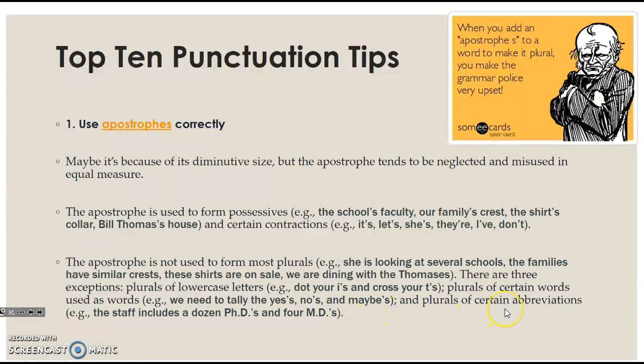And then also you can use the plurals of certain abbreviations. For example, the staff includes a dozen PhD's and 4 MD's. Since those are abbreviations, then you can use the apostrophe s to form a plural. So check carefully in your paper to make sure that you used apostrophes correctly, or you will make the grammar police very upset.